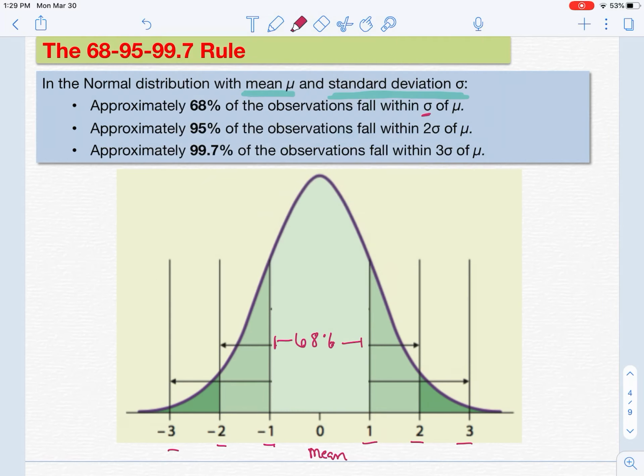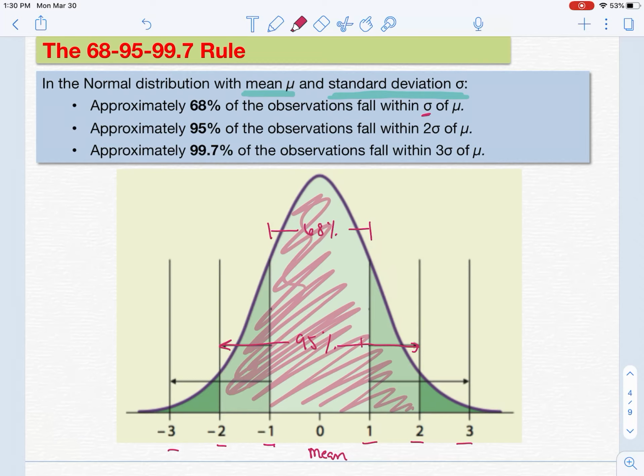Okay, and then that's 68% from here to here. 95% are from here to here. 95% are in the mint green and the sage. So almost everybody is in that part right here. 95% of everybody is there.